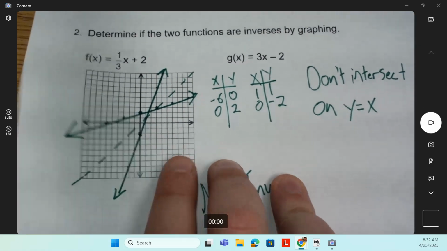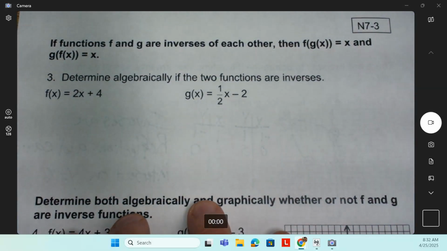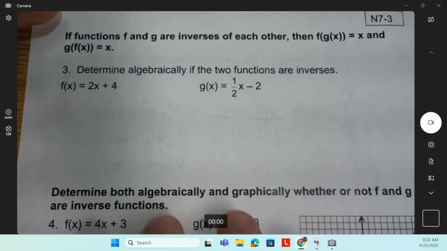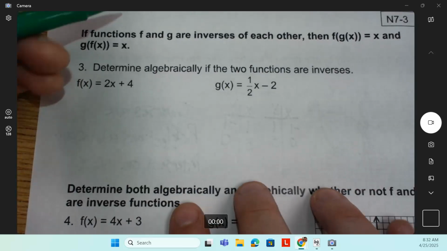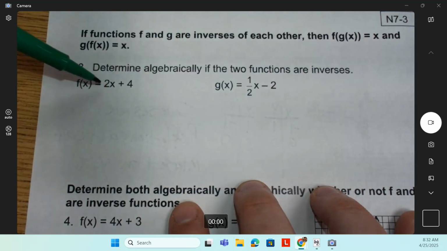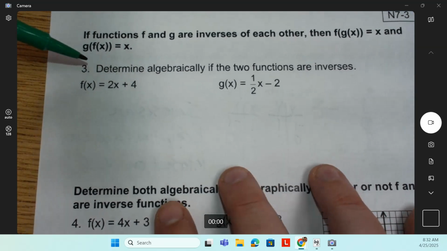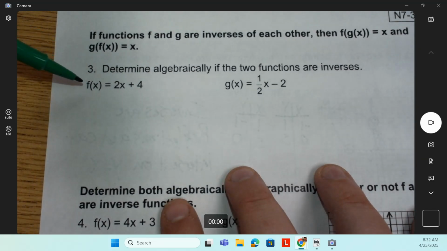Okay, and on the back, we're going to look at how we determine if these are inverses algebraically. The way that we do that is we're going to plug in this whole function for x, just like when we swapped the x and the y the other day to get the inverse.